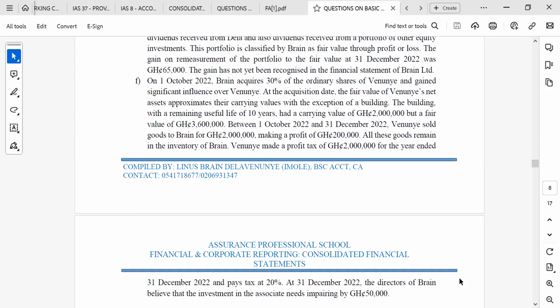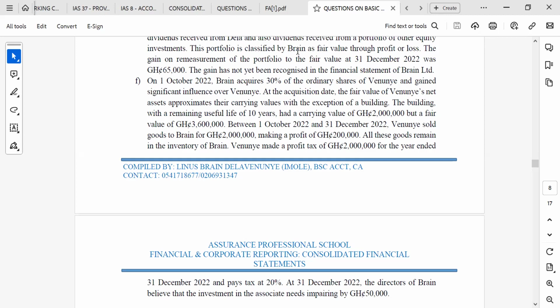The building with a remaining useful life of 10 years had a carrying value of 2 million, but a fair value of what? 3.6 million. So what is the fair value adjustment there? How much is the fair value adjustment? 1.6. Okay.